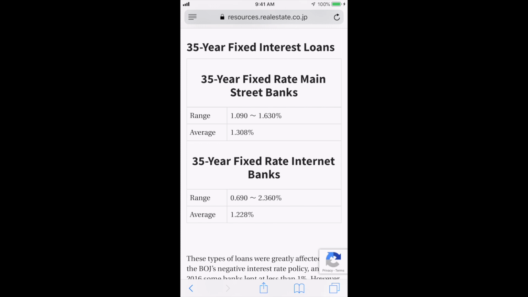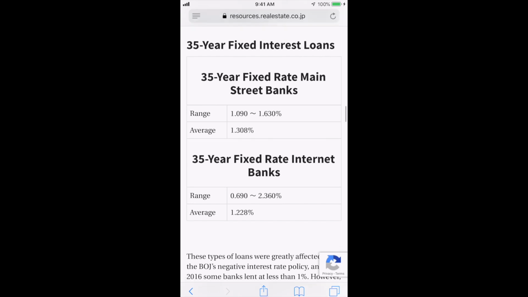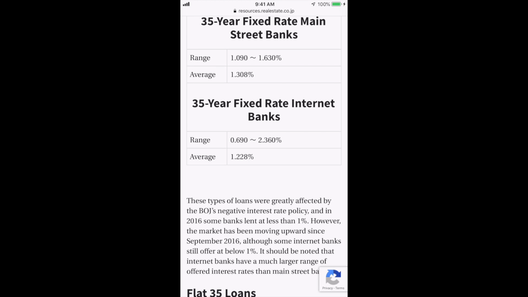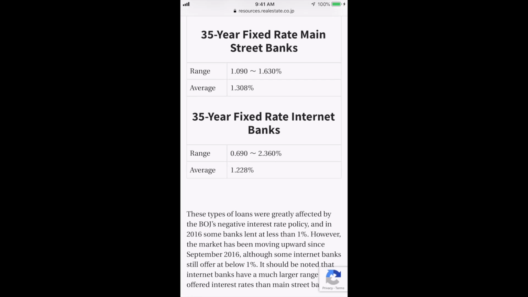Do you realize that Japan has had fixed interest rates for 35-year loans averaging around 1.3, or 1.228 in the case of internet banks, 1.228 fixed rate 35-year amortized bank loans in Japan. That's just absurd.